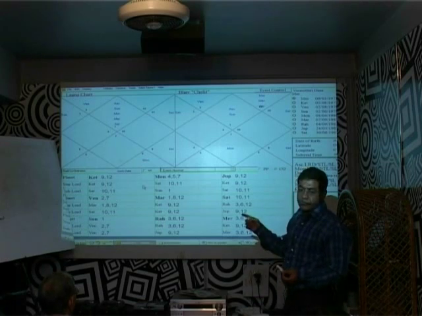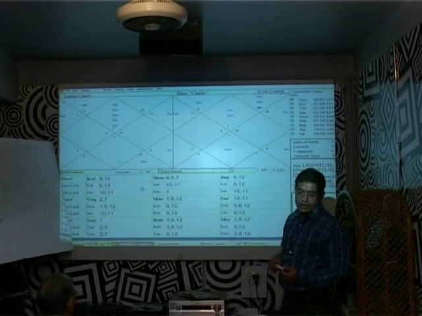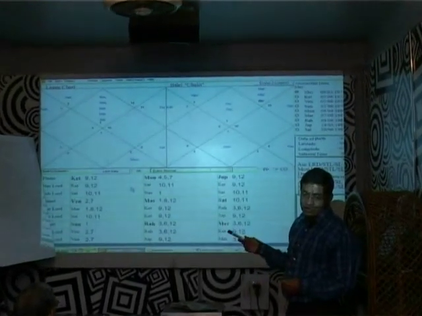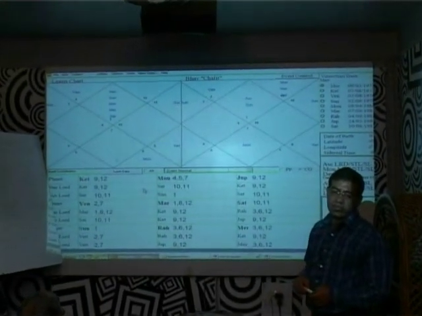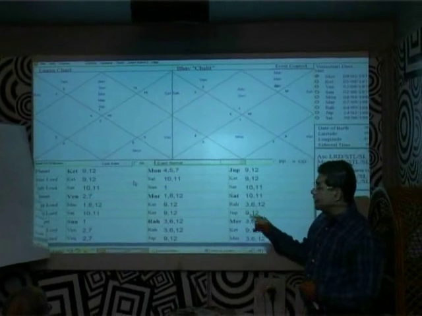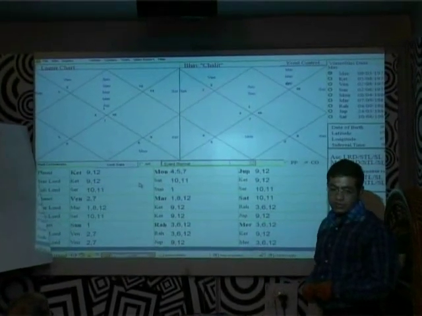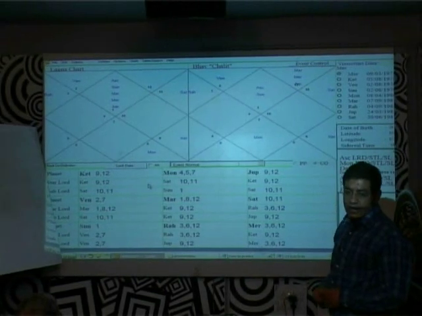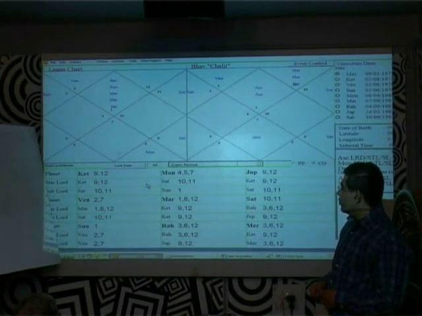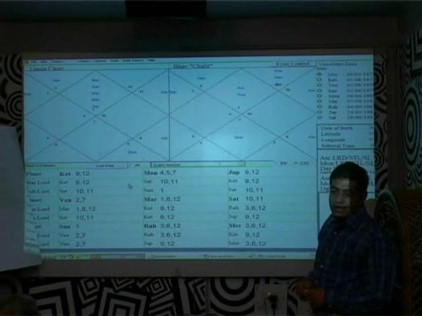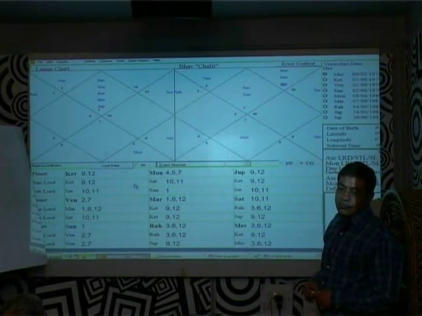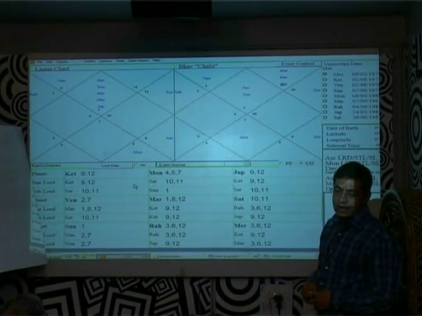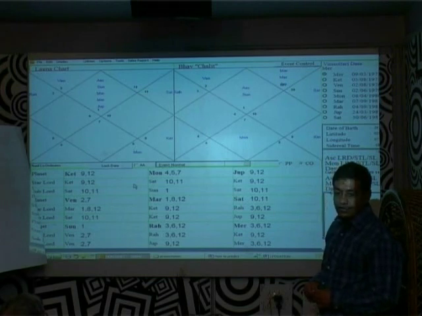Now first we'll have to see which are the planets which signify marriage. So in this horoscope you see Ketu is weak but positive for marriage. Venus is weak but positive, stronger than Ketu. Sun is very good. Moon 110 is there and 711 is there, so it is dicey, but 110 is stronger, so we cannot take it. Mars is weak.